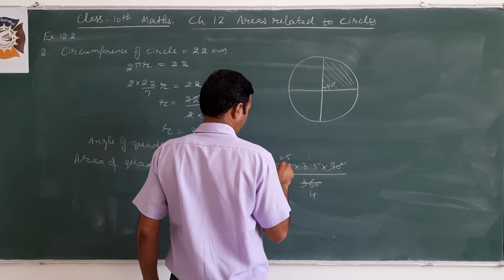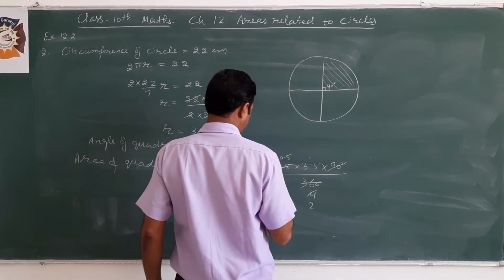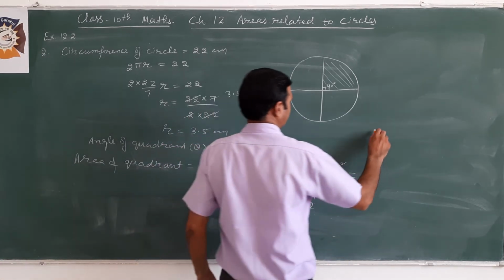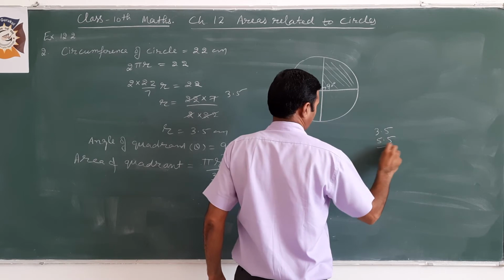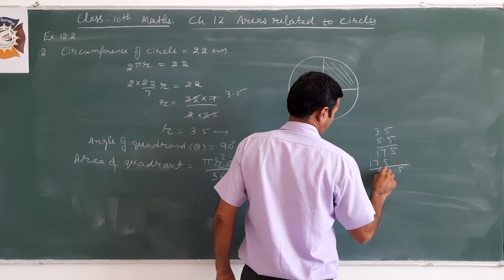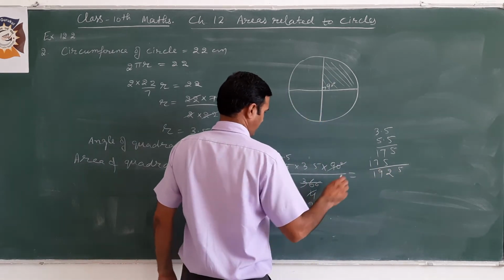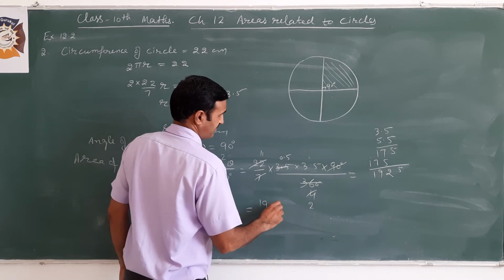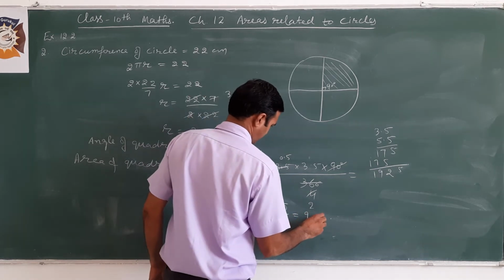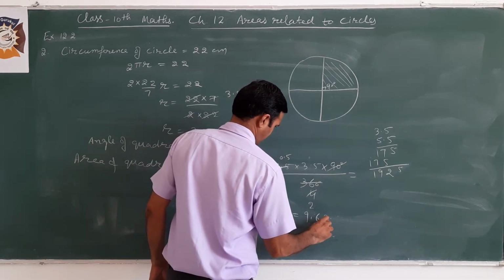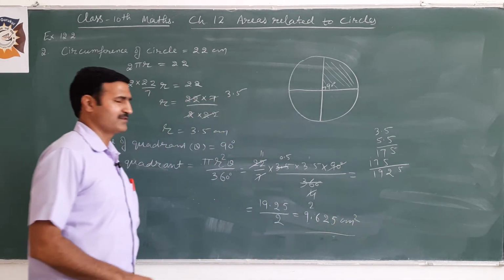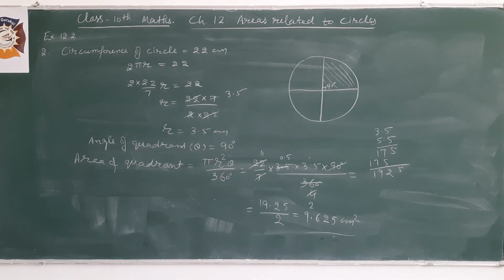On multiplying this, we get 19.25 upon 2, which is 9.625 square centimeter, the area of the quadrant.